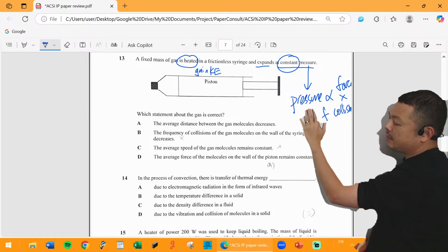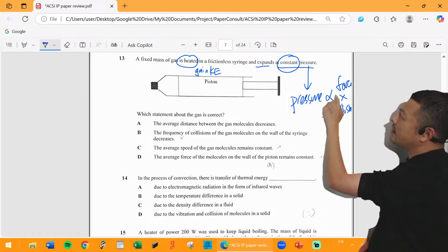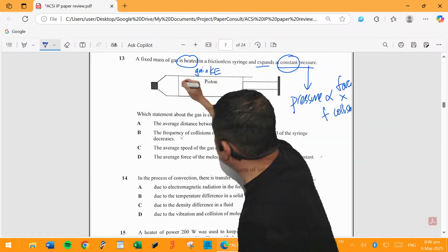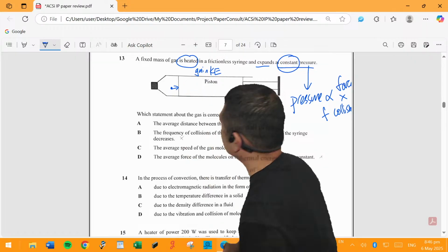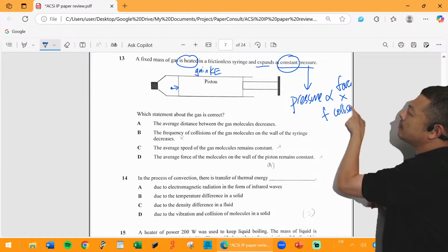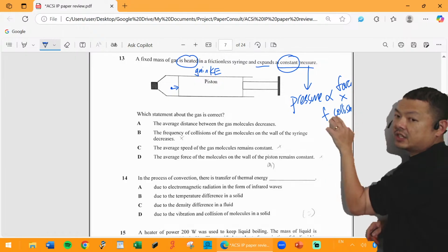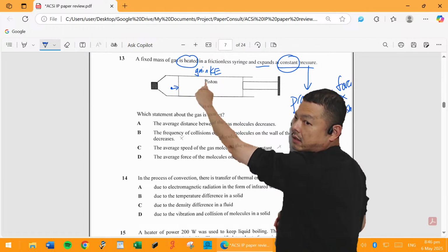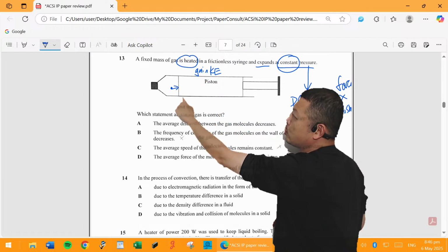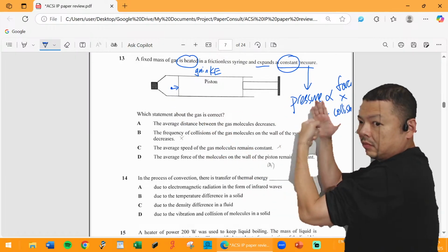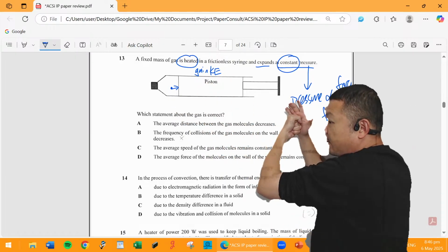Pressure is affected by the force of each collision by the molecule. You see the molecule inside here? It's colliding with the piston like that. Smack. Then multiplied by the frequency of collisions. Do the particles gain KE? They gain KE, right? Do they smack against the piston with greater force? They do.